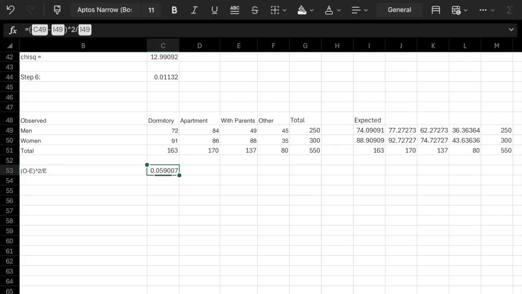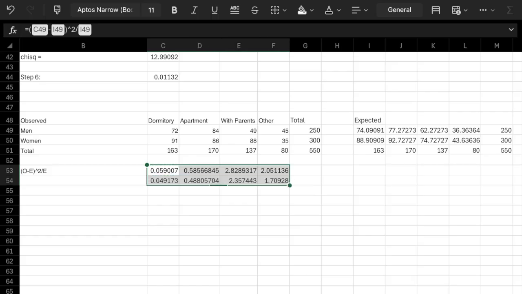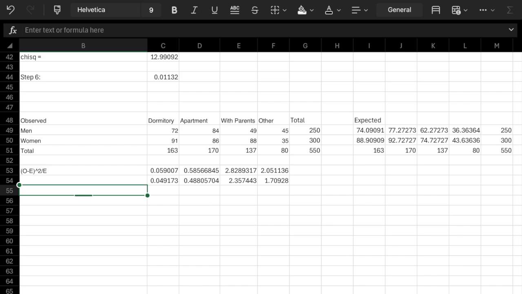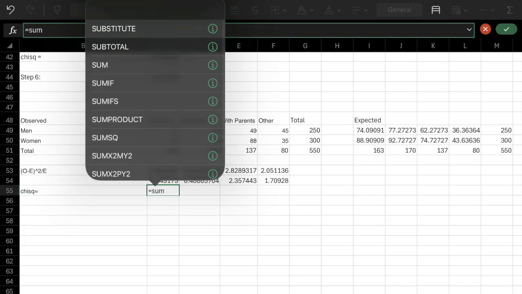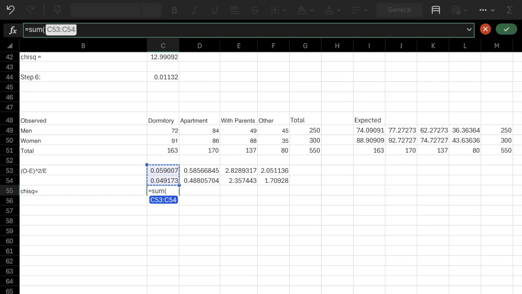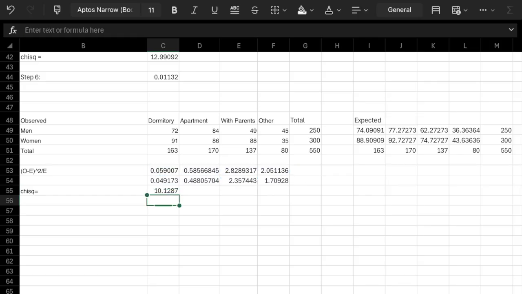There we go. Command C, Command V. There's all of my values, each one for the, what is that? That's the relative square difference for each category, and now I'm going to sum those up. So there's going to be chi squared equals, and here we go, equals the sum. Enter.